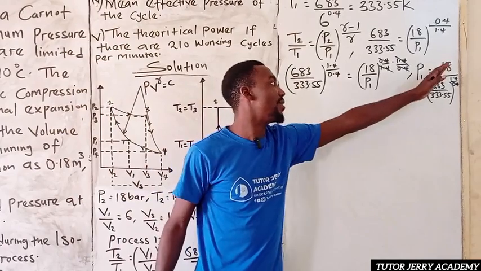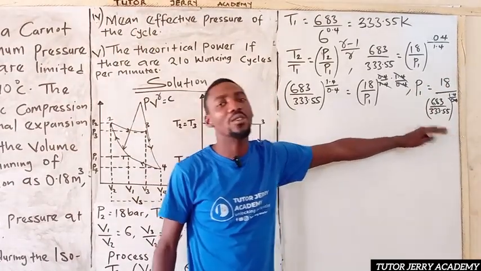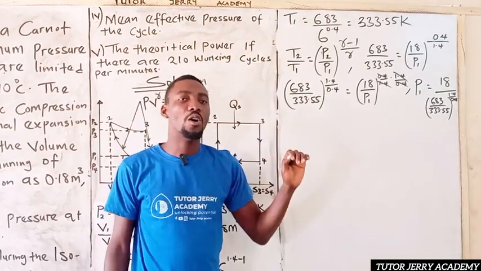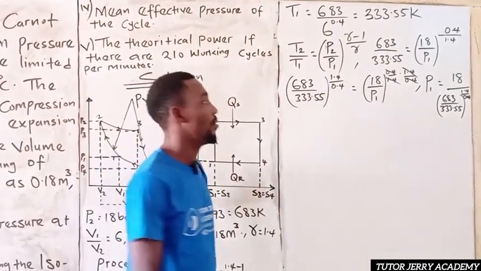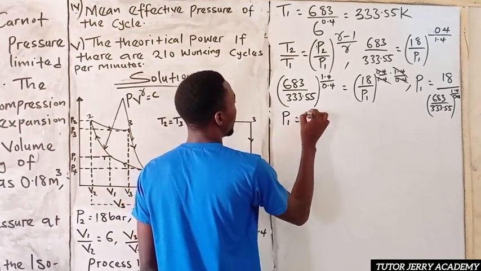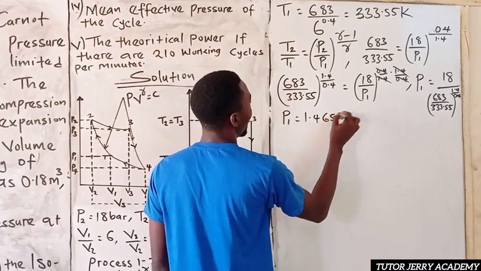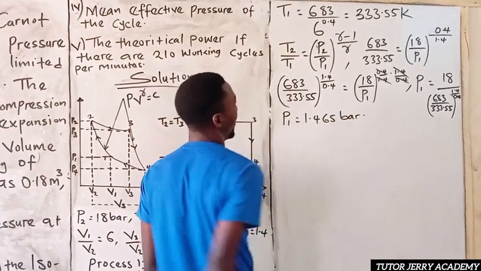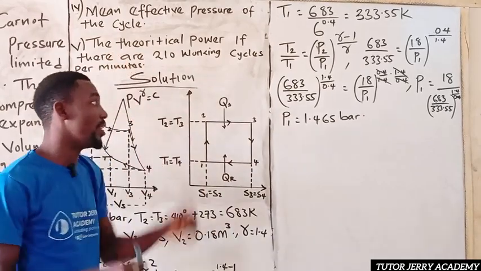Now if you divide this 18 divided by what we have here, you are going to have 1.465. So P1 is equal to 1.465 bar.